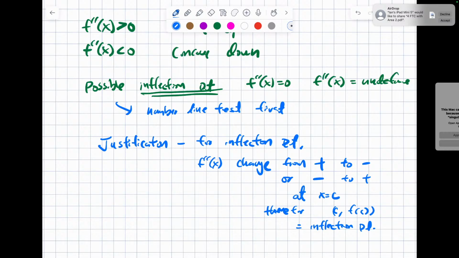So there are 3 types of justification. Absolute maximum and minimum is a table. I'm going to say that again. Relative maximum or minimum, you say f prime of x changes from positive to negative or negative to positive. Inflection point, you say f double prime of x changes from positive to negative or negative to positive at a particular c. So there are 3 different justifications you need to do on the AP exam.